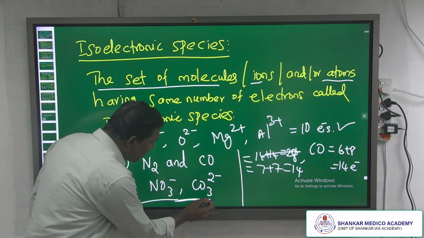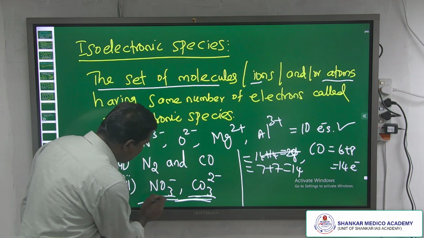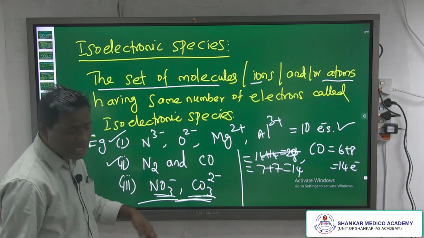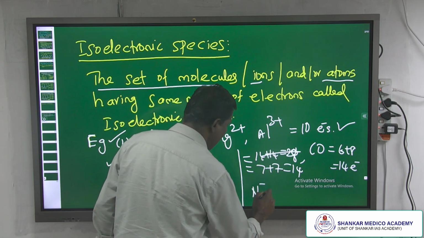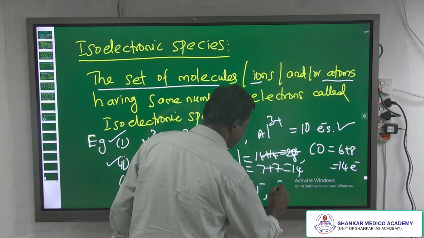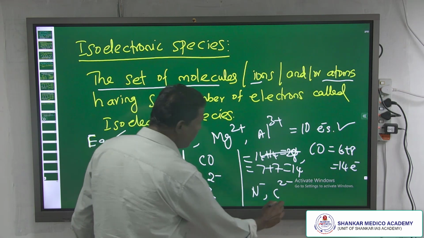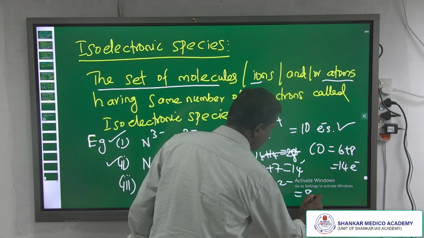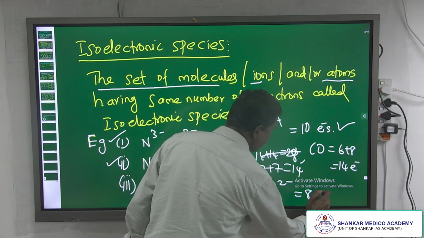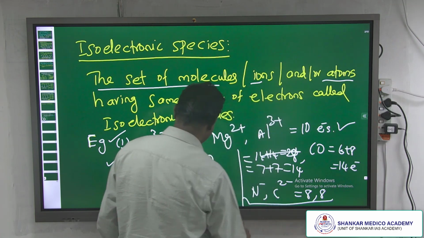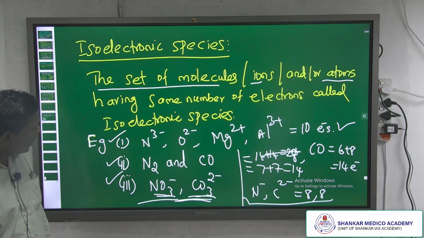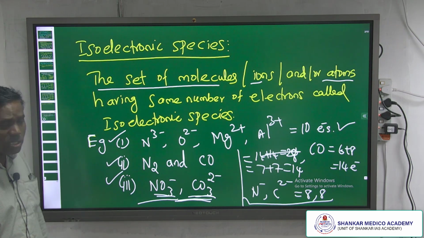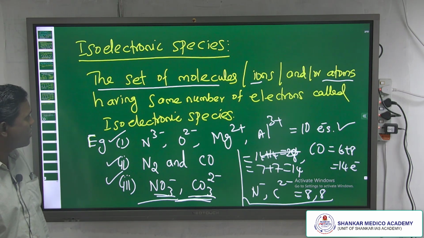Three oxygen atoms are common for both. In this case, you don't need to count the number of electrons all the way, just take N minus, and here is C2 minus. N minus has 8 electrons, whereas C2 minus also has 8 electrons. So these molecules have the same number of electrons, so they come under isoelectronic species.